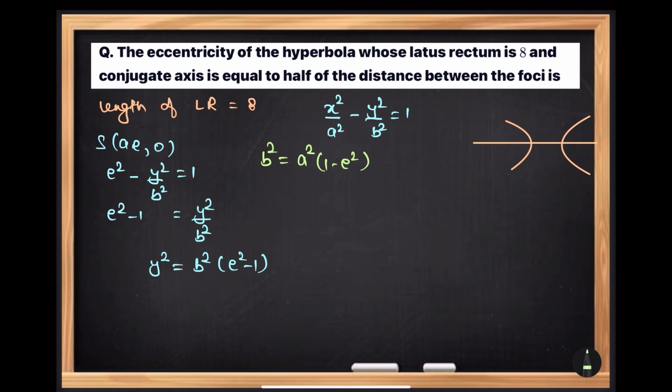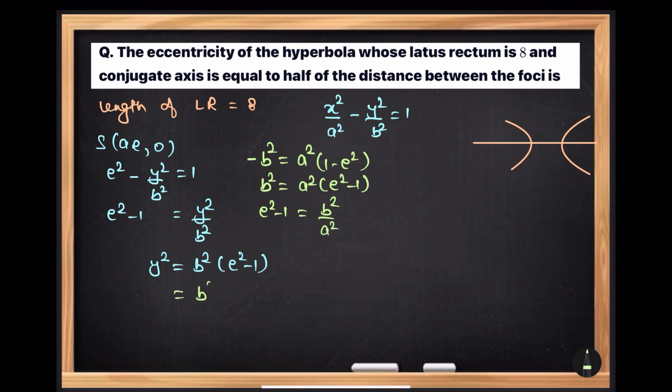So what change we used to take? We used to replace b square with minus b square, correct? Can I send this minus 2 inside? So b square will be equal to a square (e square minus 1). So in place of e square minus 1, can I write b square by a square?